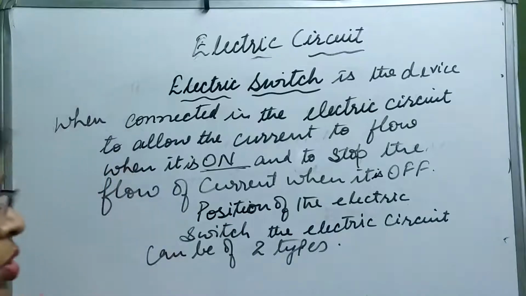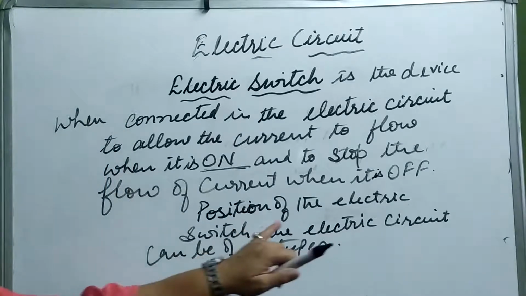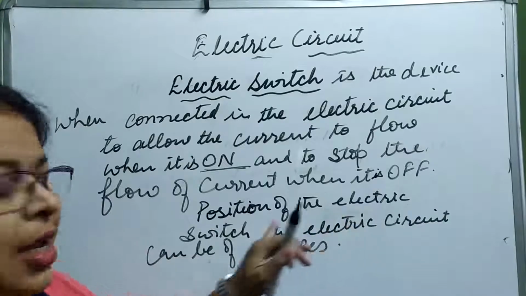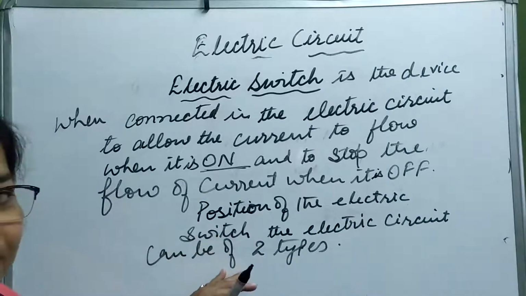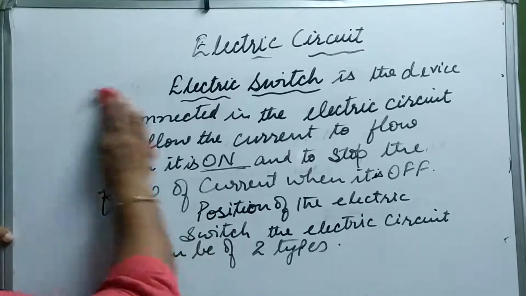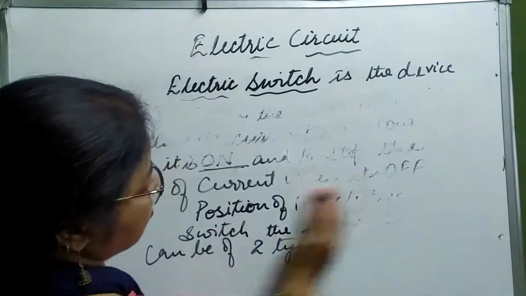So according to the position of the electric switch, the electric circuit is of two types. And what are the two types? Let us see.